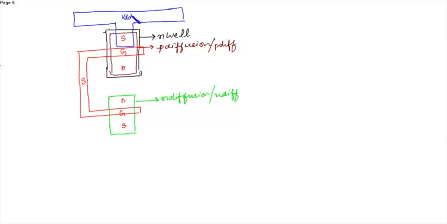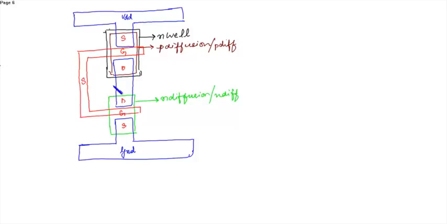This is VDD. Similarly, the source of the NMOS is connected to ground. The drains of the PMOS and NMOS are connected, at which we'll get the output. The output is S bar. This is the metal one.